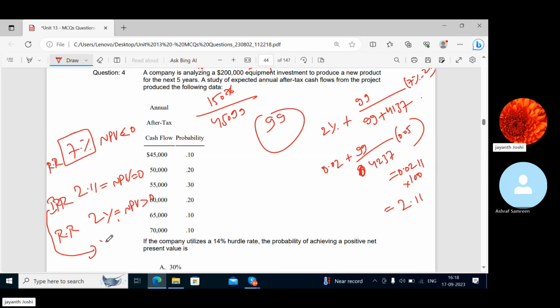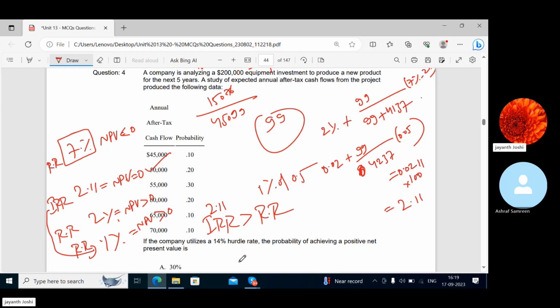If 1% is my required rate of return and my IRR is more than 1%, that means at this I can break even, and at this rate I can get positive NPV, right? Yes, sir. So if my IRR is more than the required rate of return, here my IRR is 2.11 and my required rate of return is, let's say, anything less than this, that is 1% or 0.5, I can accept.